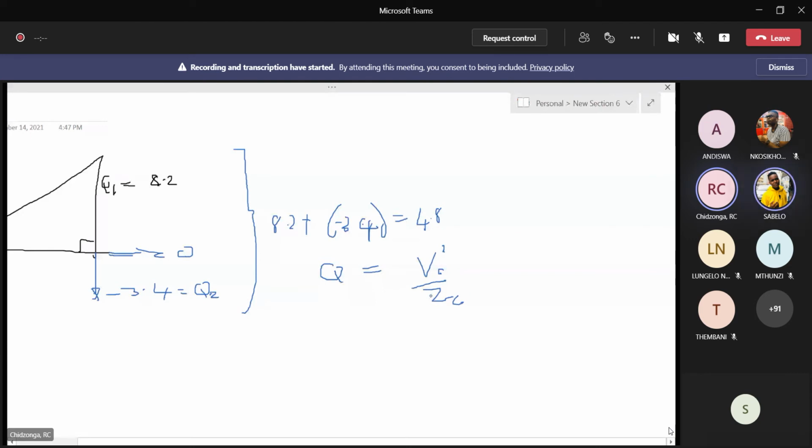So now, for a capacitor, 1 over ZC is simply equal to omega C.